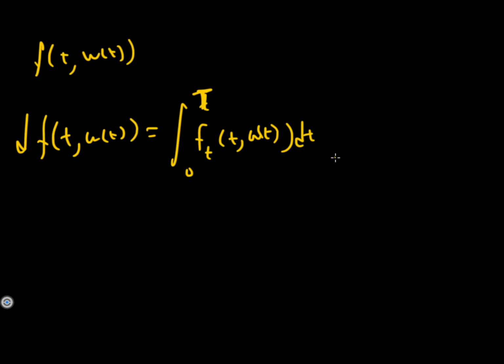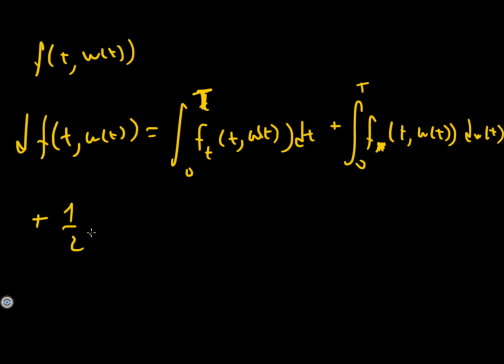So a normal integral. And then we'll have the integral from 0 to T of f_x t, omega t d omega t. And x implies the other one, so plus, again, 1 over 2 integral from 0 to T of f_xx t, omega t dt.